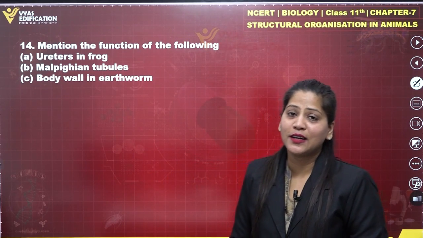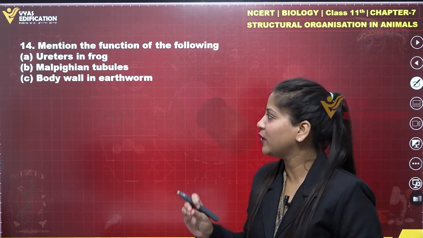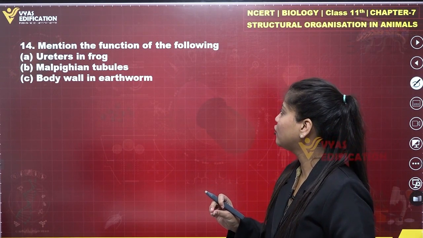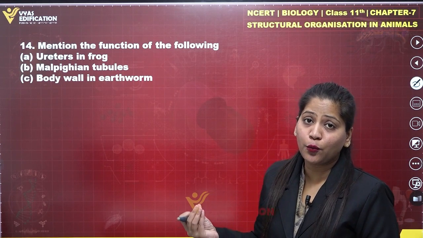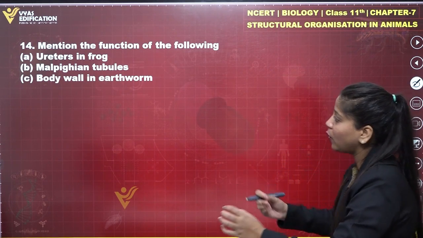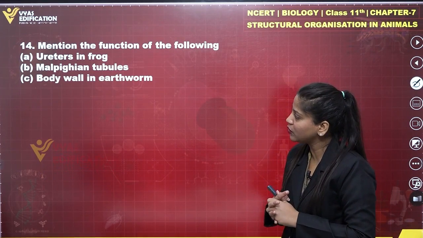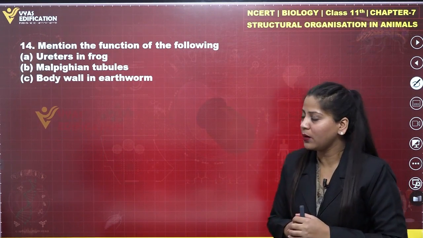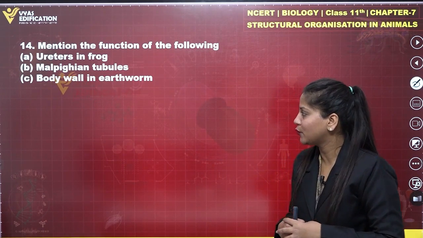So, now let's discuss the last question of this session, last question of this chapter, that is question number 14. Mention the function of the following. The terms for which we have to mention the functions are: A, ureters in frog, B, Malpighian tubules, C, body wall in earthworms.